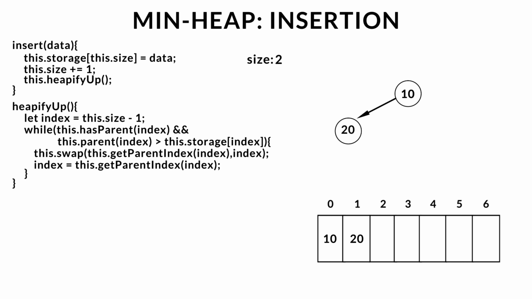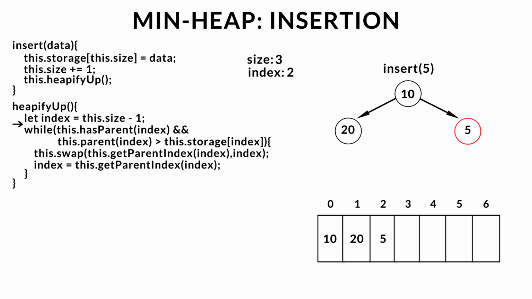Executing our insert method once again, this time passing in 5 as an argument. We first insert 5 within the last available position within our heap. We then go ahead and increment the size, since we successfully added to the heap. Now it's time to test to see if 5 was inserted in the correct position by invoking our heapifyUp method. First, we get the index of the last element we just inserted.